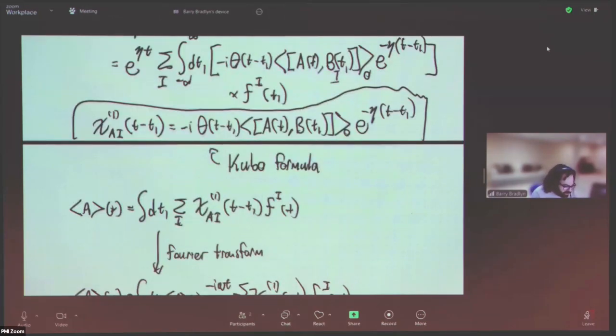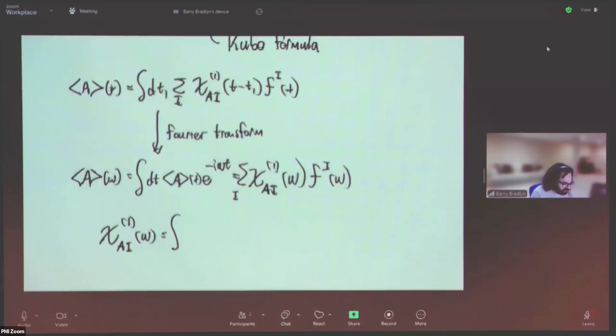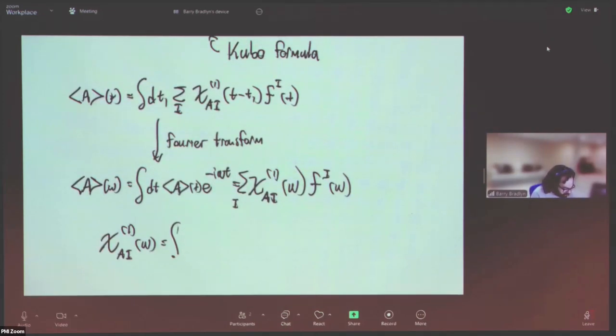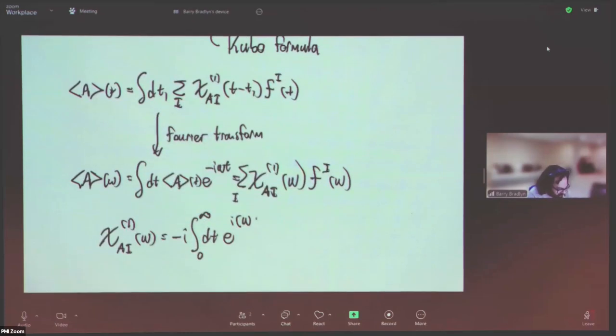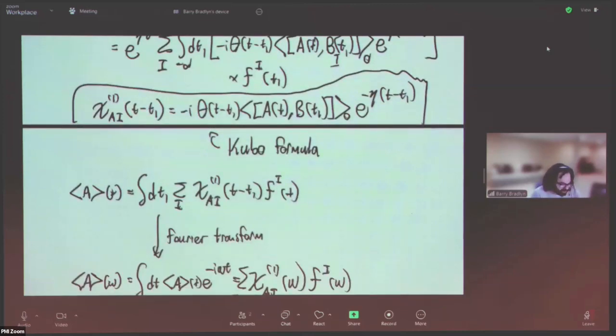well, the theta function tells us that we just integrate from 0 to infinity. Put the minus I out front. We have e to the I omega, then we have minus eta t. We can write that as plus I eta all times t. And then our correlation function, where we've used time translation invariance to move this t over to here.